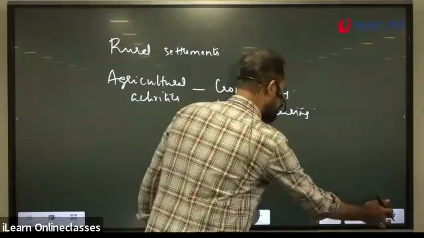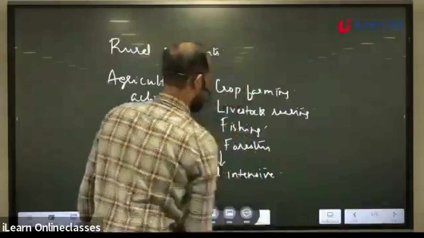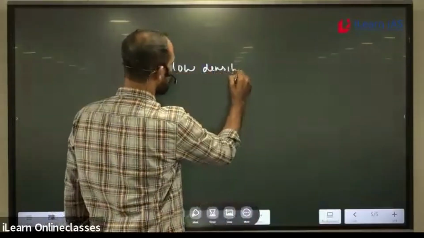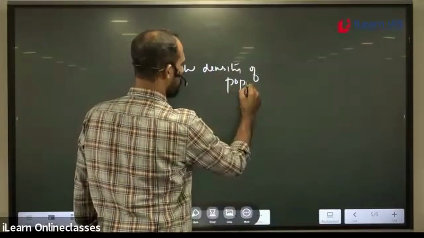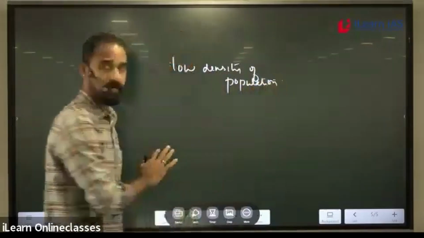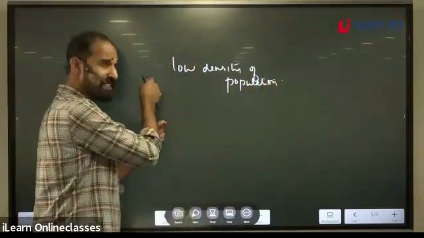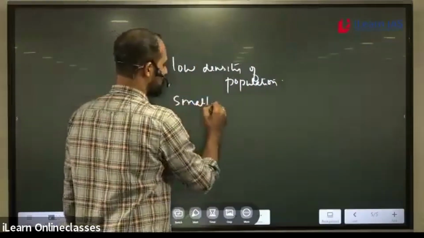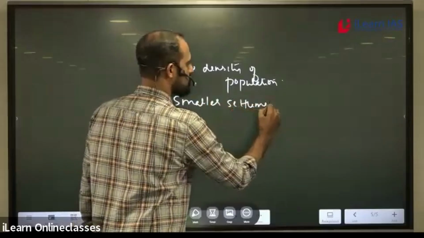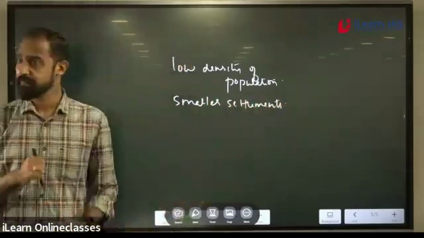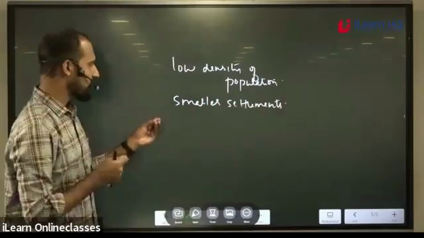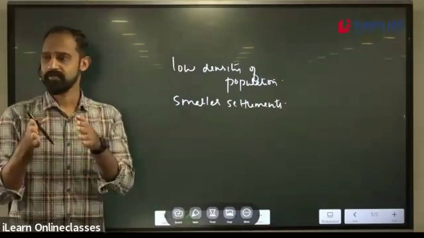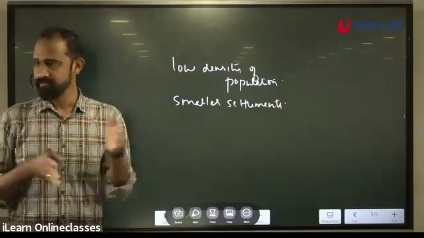So rural settlements have a low density of population, and the size of a rural settlement is relatively small. In terms of population size, a rural settlement will have a smaller number. The total number of people living in a village will be less compared to an urban area. We'll see why.